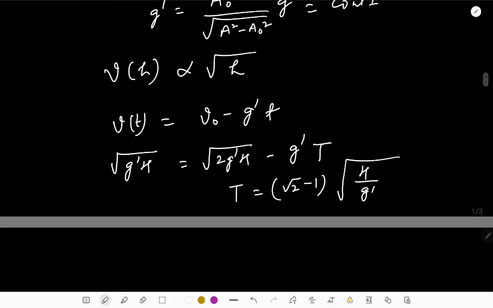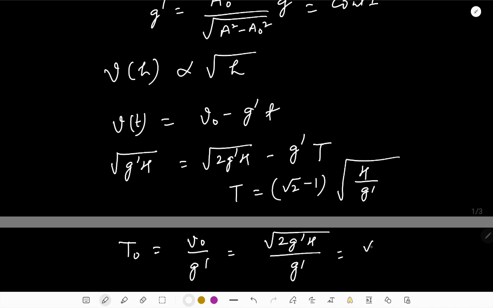Suppose that I write this time as t naught. So t naught is equal to v naught by g dash, and you can put the value of v naught as under root 2 g dash H, divided by g dash, and you will get the result simply as root 2 under root H by g dash.